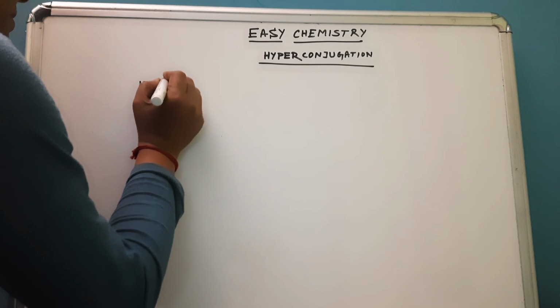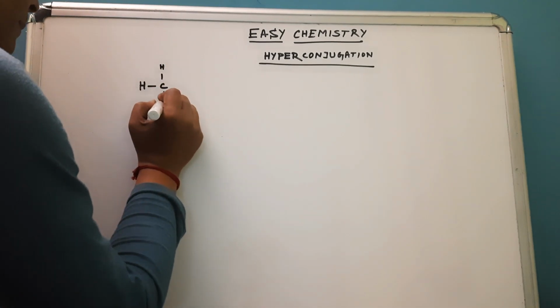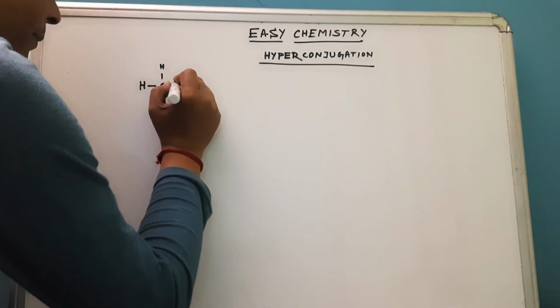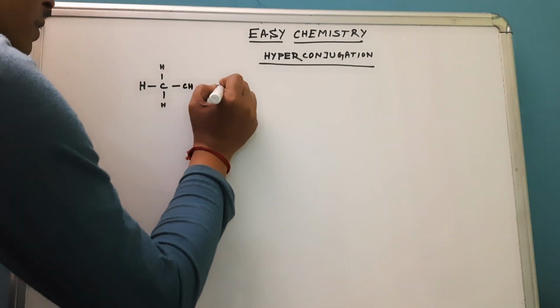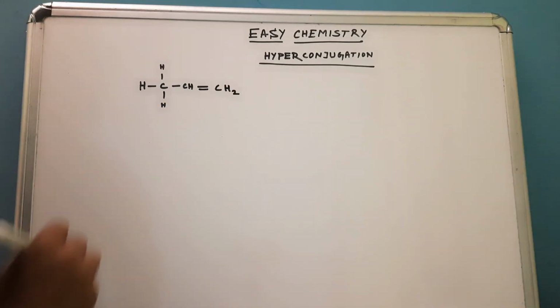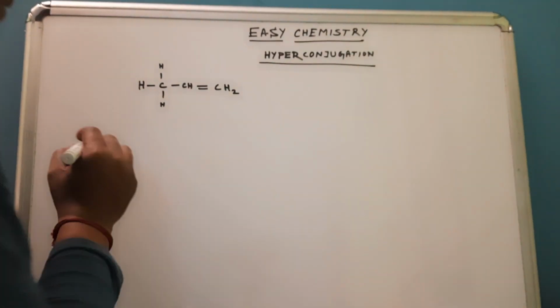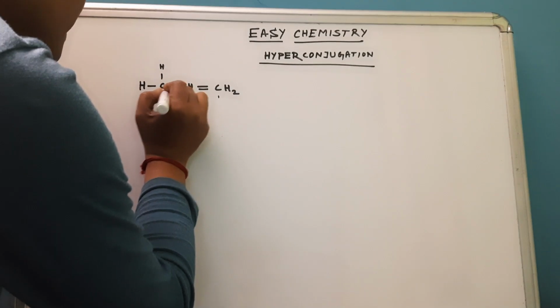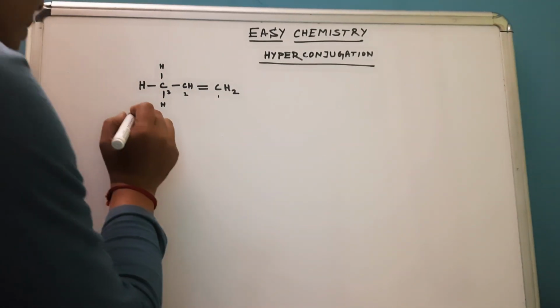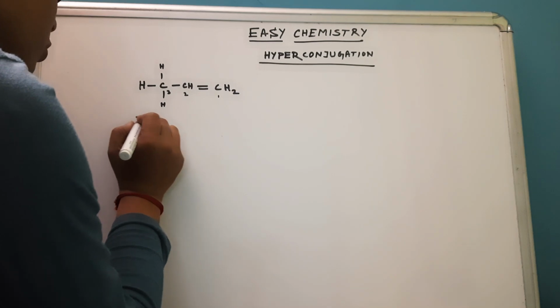Suppose this is an alkene. What is the name of this alkene? This is 1, 2, 3. This is propene.